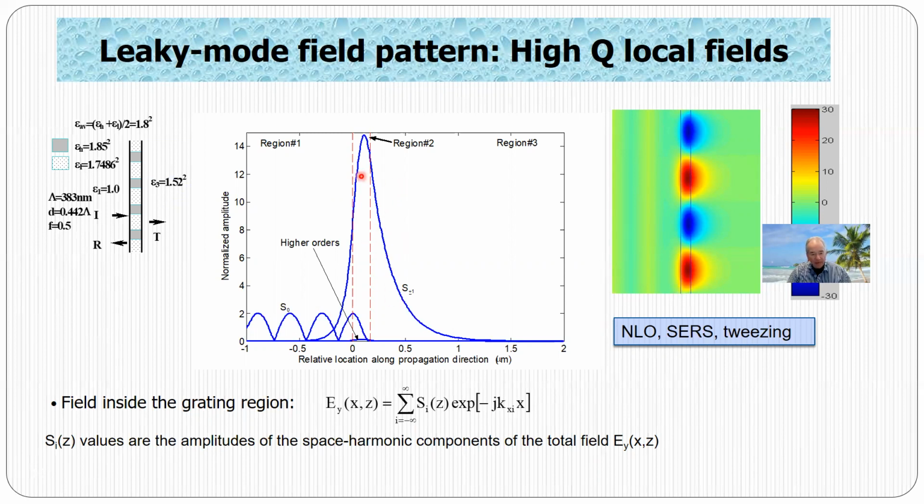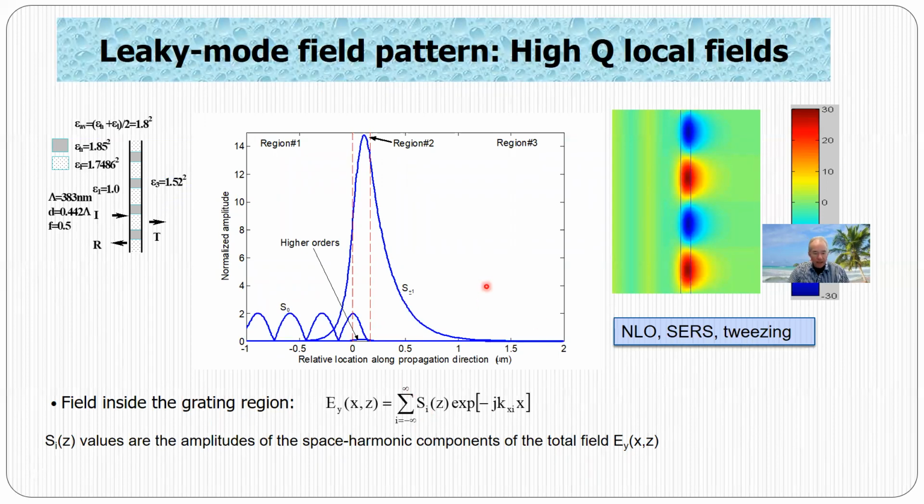And we have a field decomposition in the periodic structure given by this coupled wave expression here. The field is represented by these S values, which are the amplitudes of the inhomogeneous plane waves representing the space harmonics, where i means the order number, i = 0, 1, 2, 3, or -1, -2, and so on.